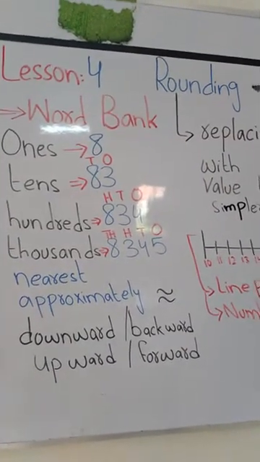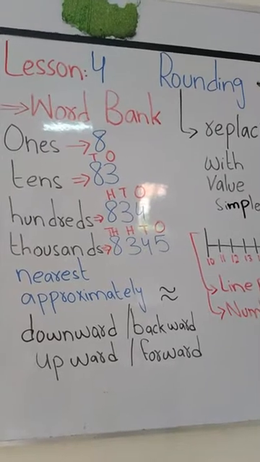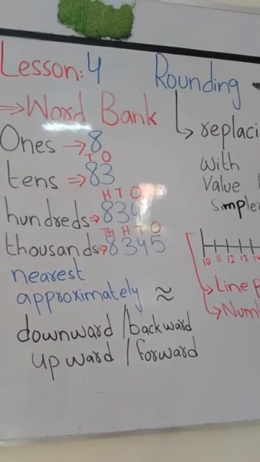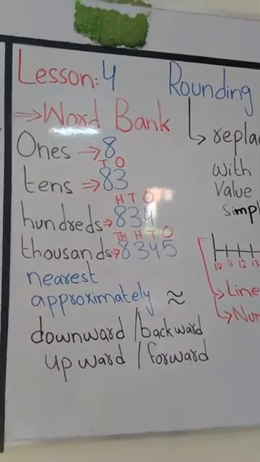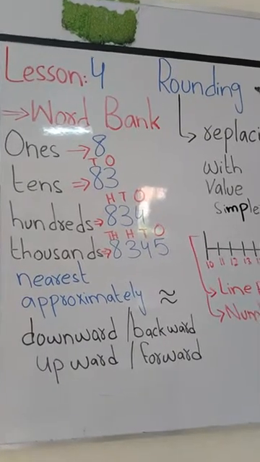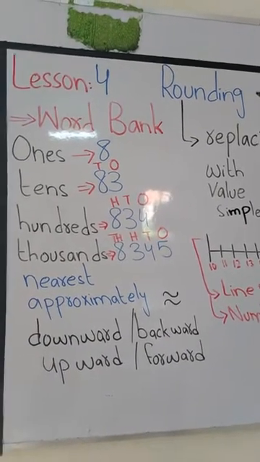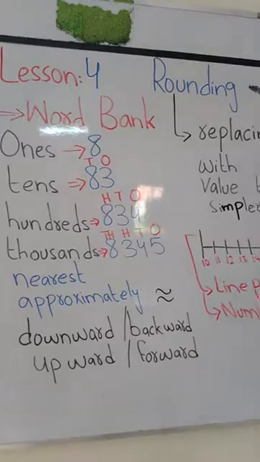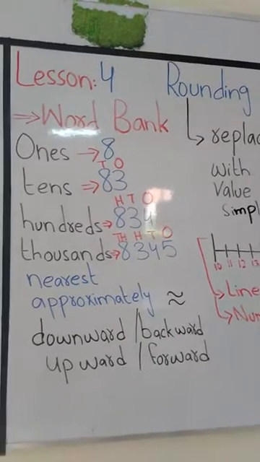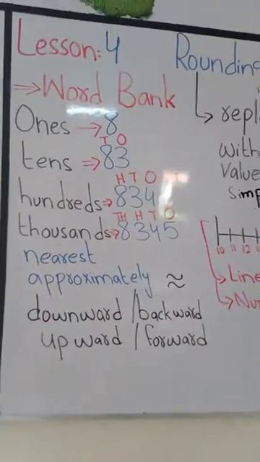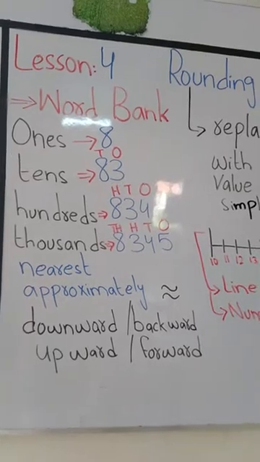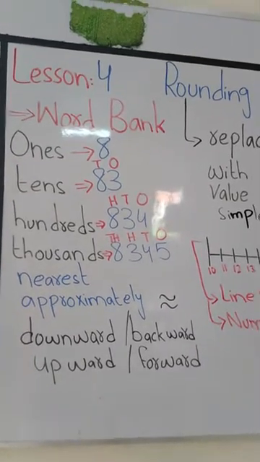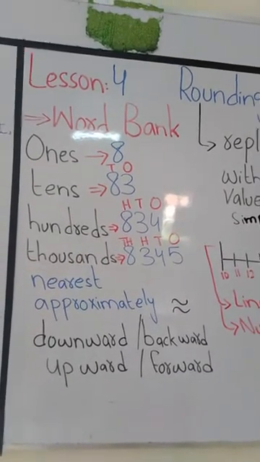In thousands, 5 stands for ones, 4 stands for tens, 3 stands for hundreds and 8 stands for thousands. So you have to memorize the place value, which digit stands for which place value.